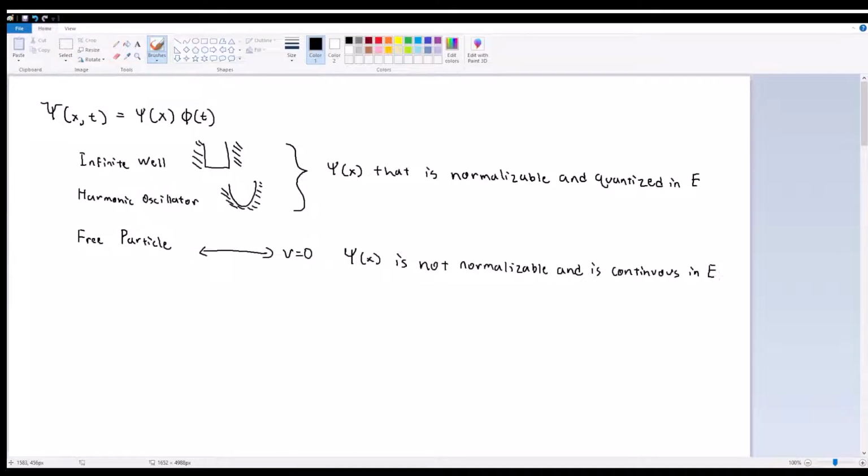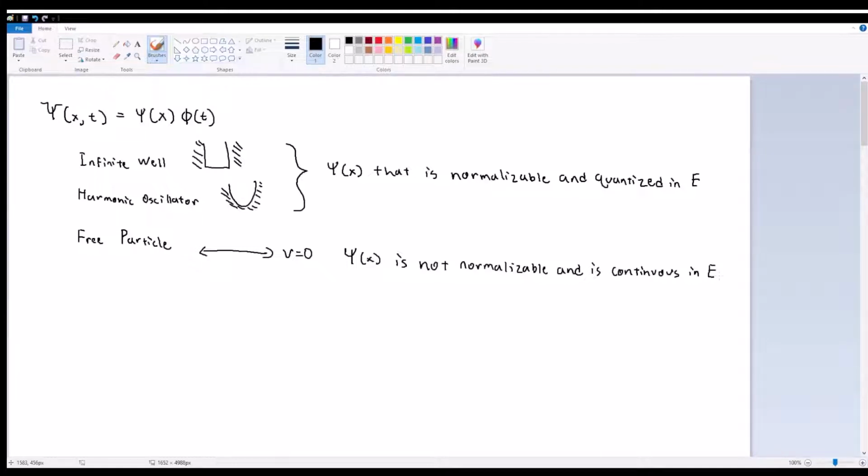That comes about because, remember, there are no boundary conditions for the free particle to impose quantization of E, since V is just equal to 0 everywhere. Since the energy is not discrete, that violates one of the requirements for being able to solve for stationary states in the first place.